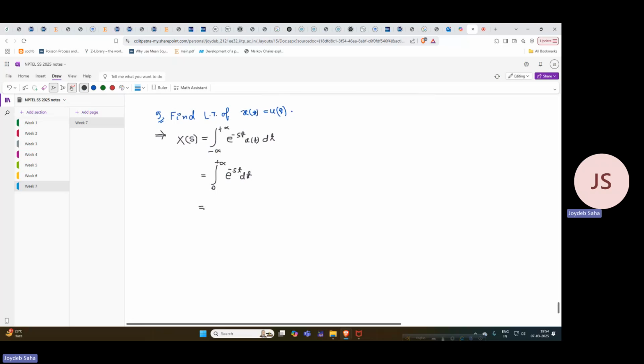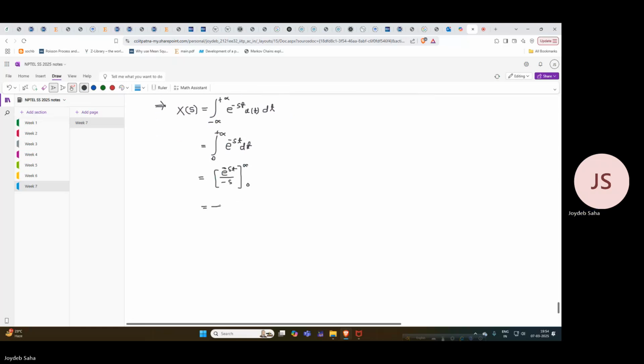This is equal to e to the power minus st divided by minus s, from 0 to infinity, which is equal to minus 1 upon s e to the power minus st from 0 to infinity, which is equal to minus 1 upon s, where e to the power minus infinity means 0 and e to the power 0 means 1.